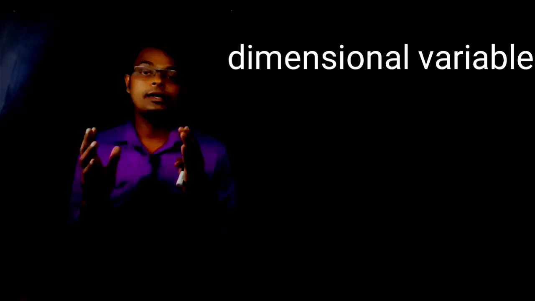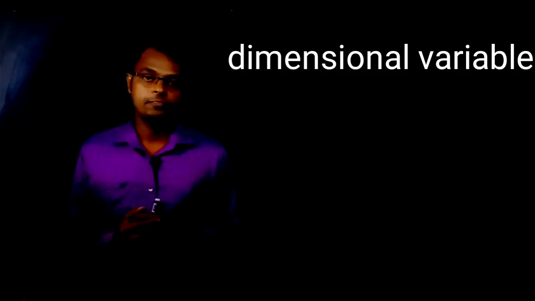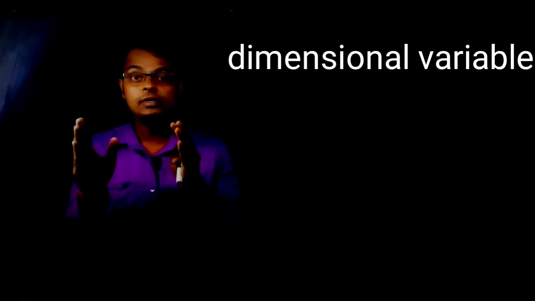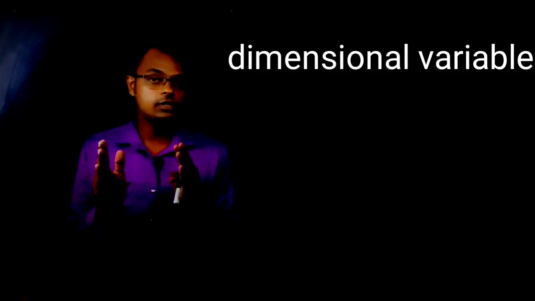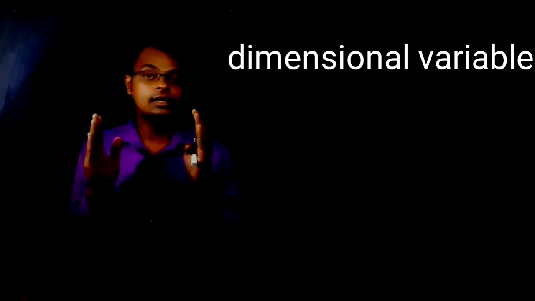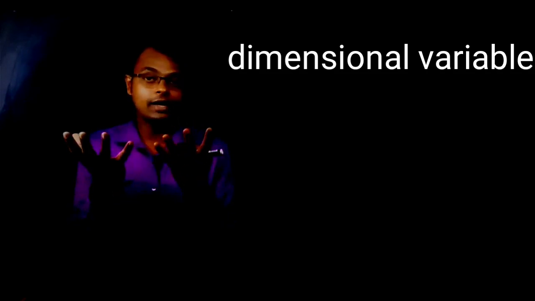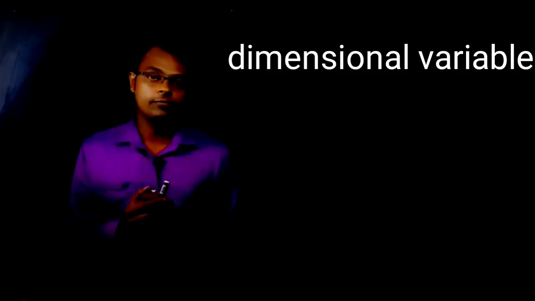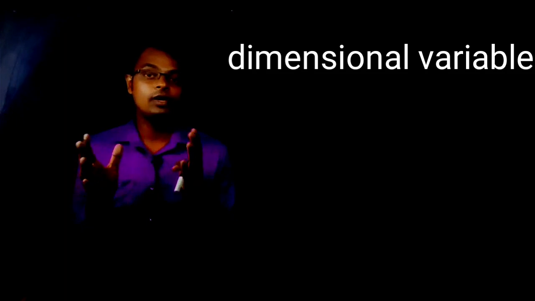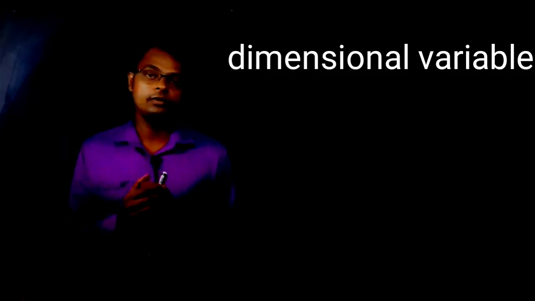First one is dimensional variable: the physical quantities which have dimensions and whose magnitudes are variable. That is called dimensional variable.